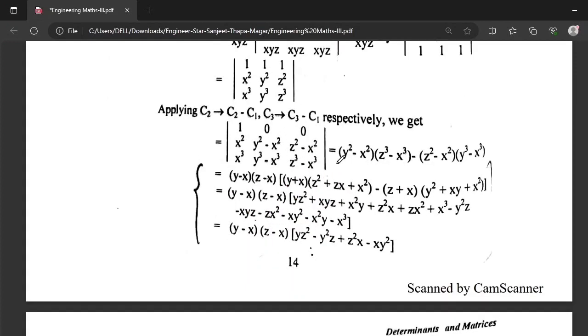Now we can take common y minus x and z minus x.